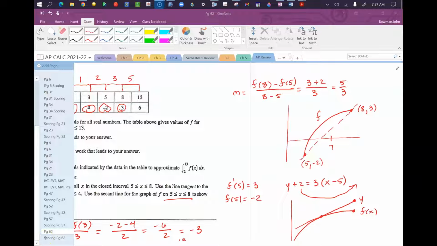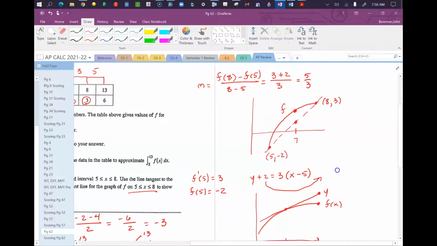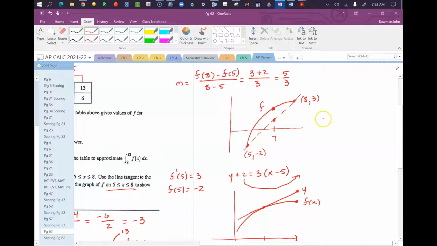To wrap your head around this, I tried to sketch a rough graph. So our function goes from the point (5, -2) to the point (8, 3), and it's a continuous function. What we just found is the slope of the dotted line, the secant line, and we're going to use the equation of that secant line to estimate the function value at 7. The equation of our secant line would be y plus 2, using the point (5, -2), is equal to 5/3 times x minus 5.